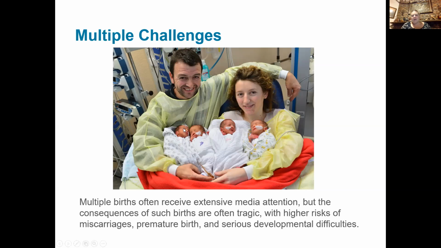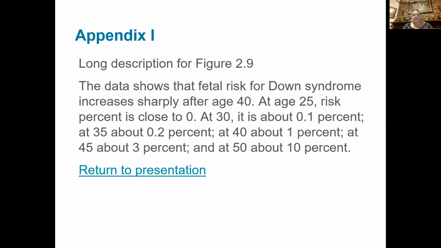With multiple births, you oftentimes have a lot of different problems because you still have only one uterus that you're developing in. There's not a lot of room in there for all of them. So oftentimes they're born prematurely and often underweight, which causes a whole other plethora of difficulties that we're going to talk about next chapter.